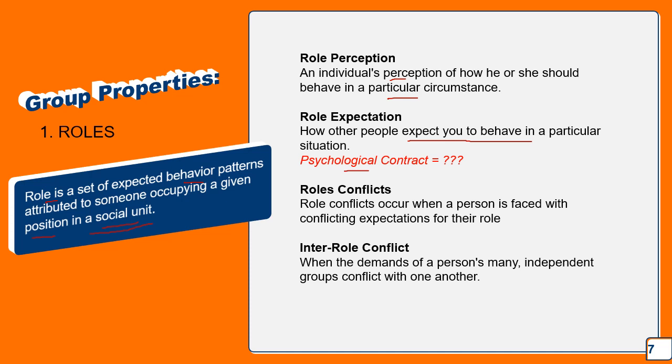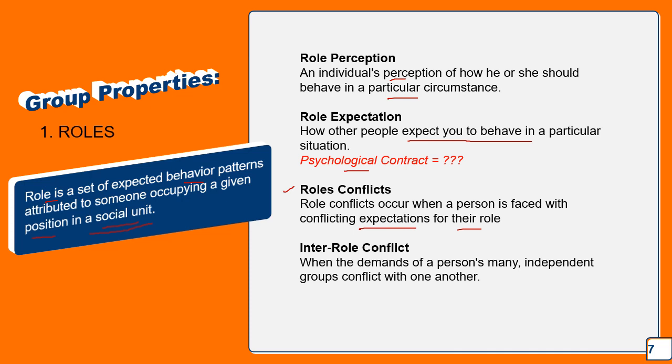Okay, the next thing that you need to understand about role is role conflict. Role conflict occurs when a person is faced with conflicting expectations for their role. It is a situation where people have conflict in performing their role because the expectations are conflicting.